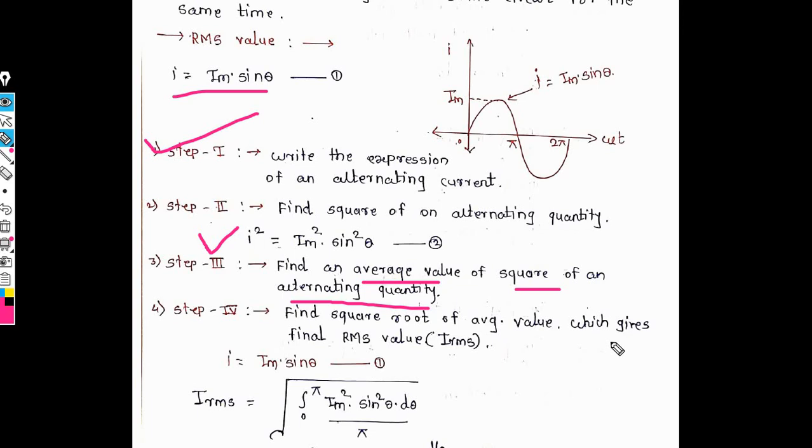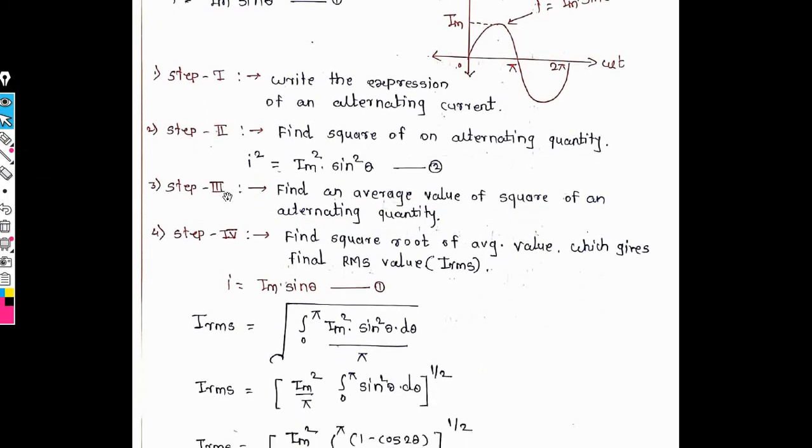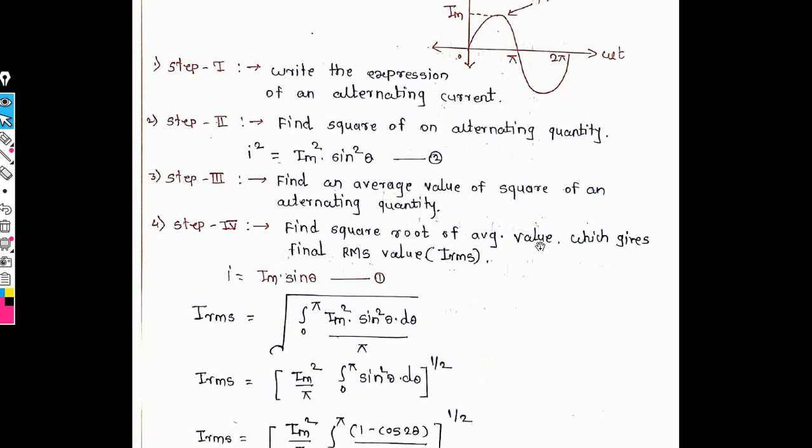That means in this RMS value we obtain two values, the RMS voltage and the RMS current. Now we do the RMS current. Then for IRMS we take the square root of the average value over 0 to π. This fourth step is very important to calculate the RMS current.